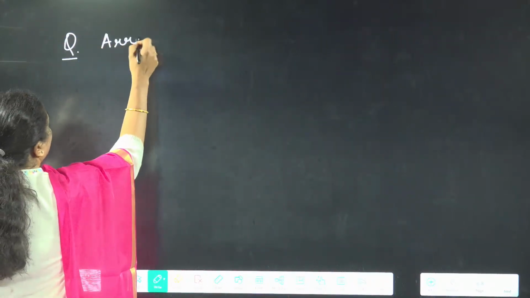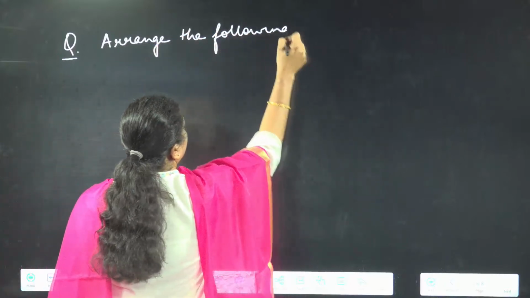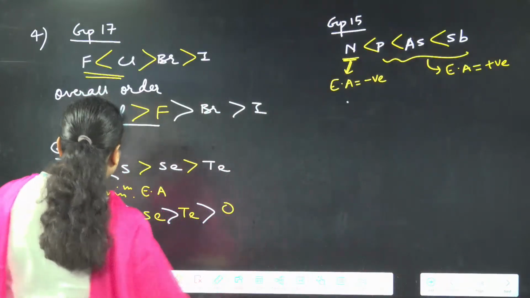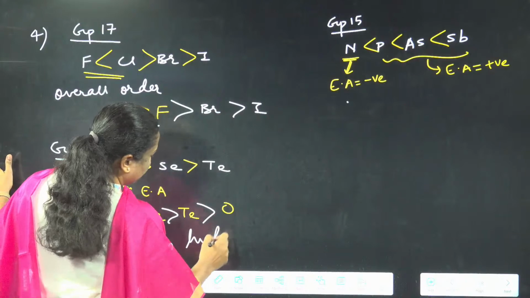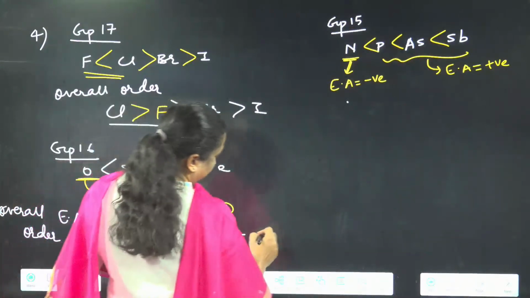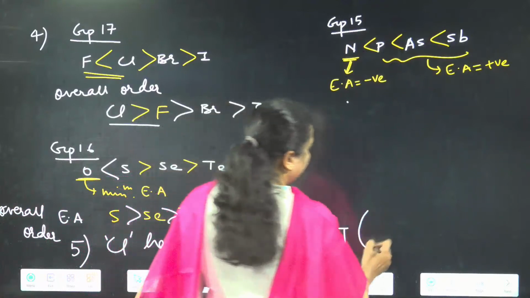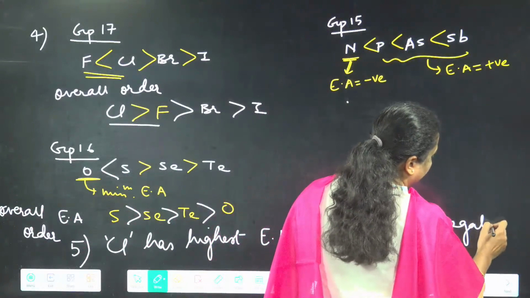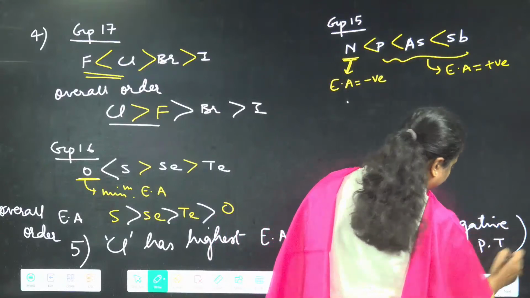Okay. In fact, you can write down one more point here before we go further. Chlorine has the highest electron affinity in the periodic table, or else we can say the highest negative electron gain enthalpy in the periodic table.